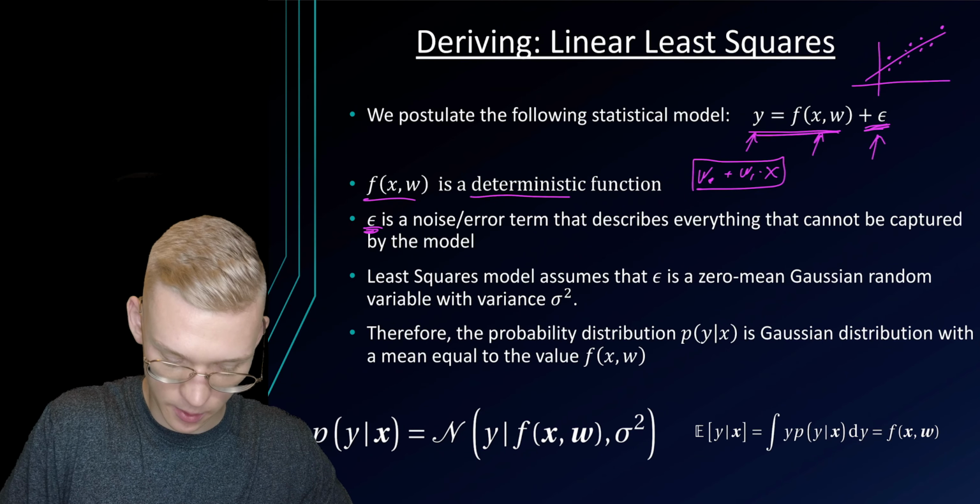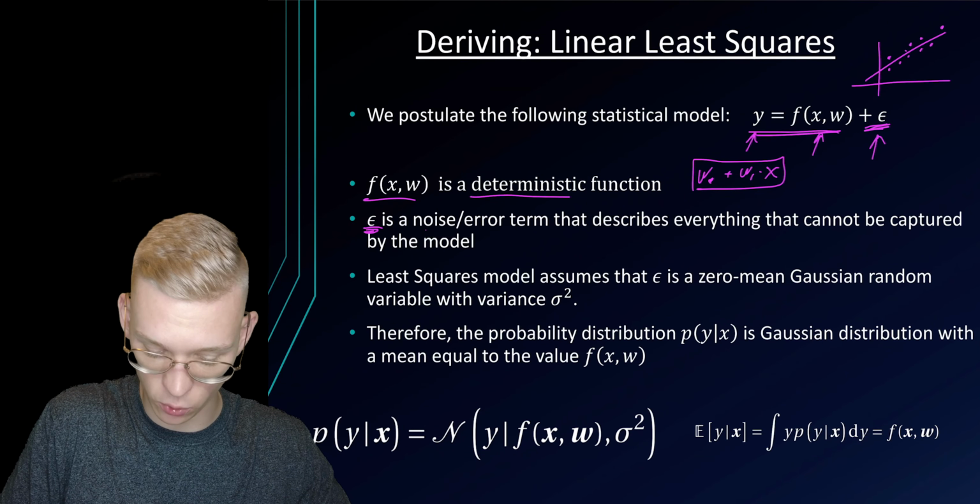So epsilon is a noise term that describes everything that cannot be captured by our model. Now, if we talk about least squares, we assume that epsilon is a zero mean Gaussian random variable with variance sigma squared.